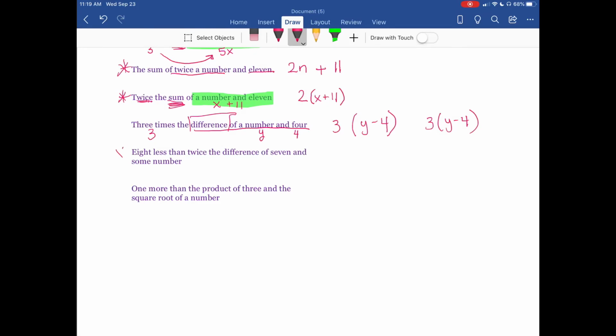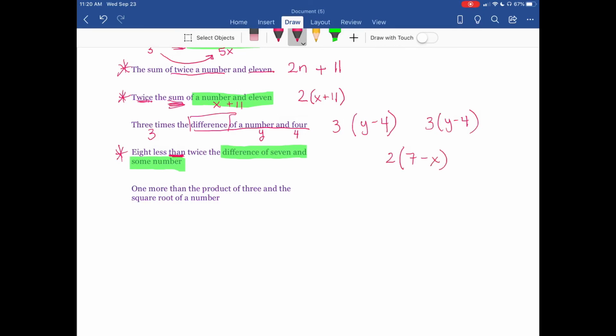Okay, and let's look at the last two. 8 less than, I'm flipping, that's a turnaround, twice the difference of 7 and some number. So twice what? Twice this, the difference of 7 and some number.